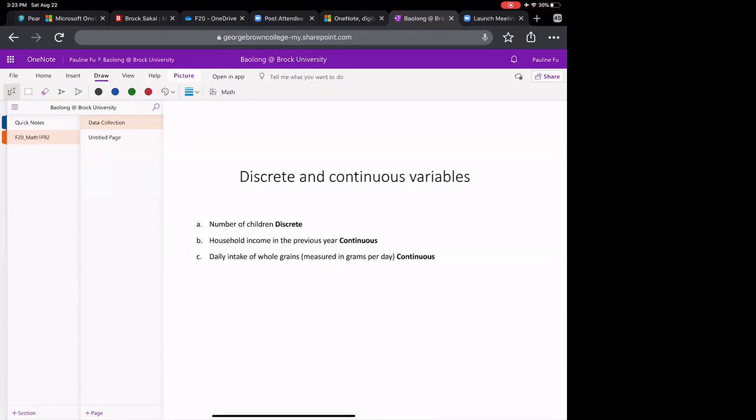That is continuous data, okay? It has an infinite number of possible values. Daily intake of whole grains is a continuous variable. Again, it has an infinite number of possible values.